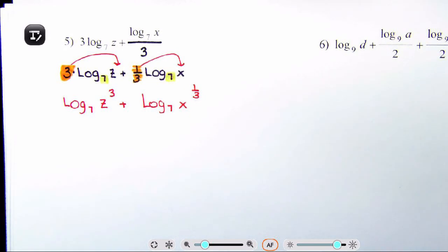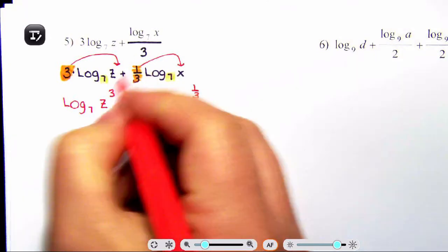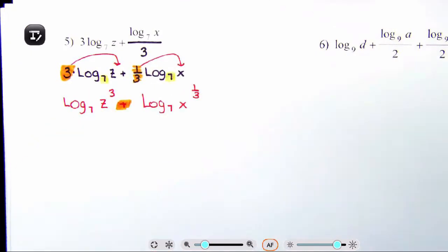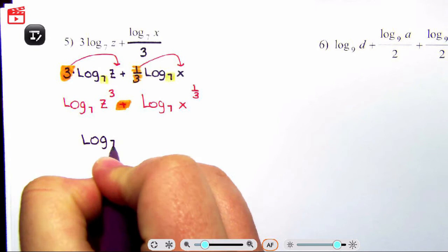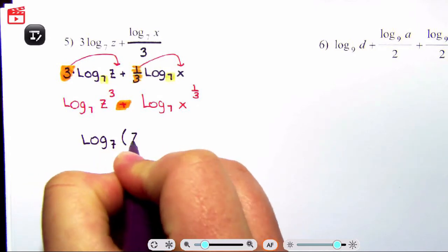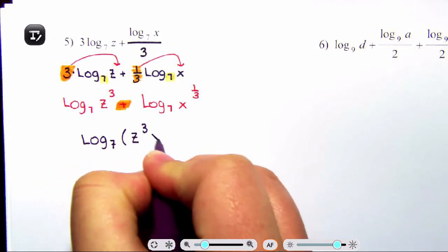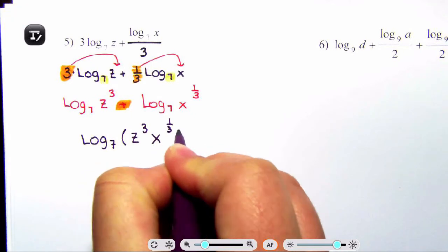Now we can use the product property to determine the condensed form. Because there is an addition sign between my two logarithms, we use the product property to combine these. So I have log base 7 of z cubed times x to the 1/3 power.